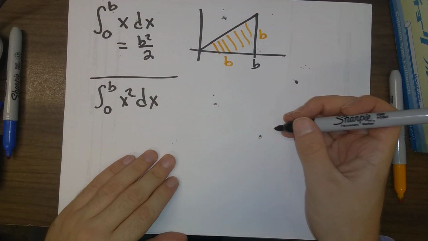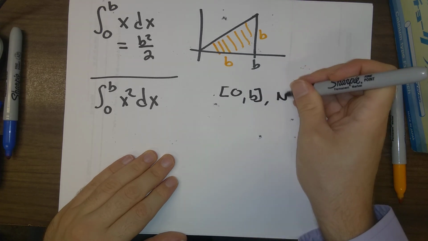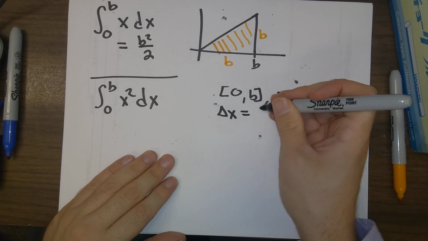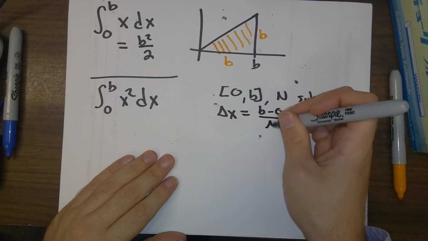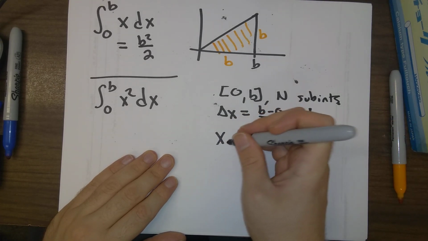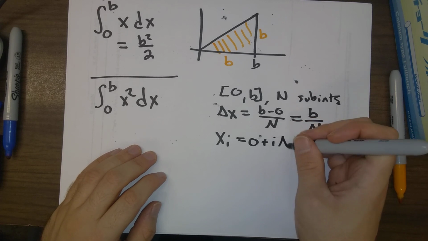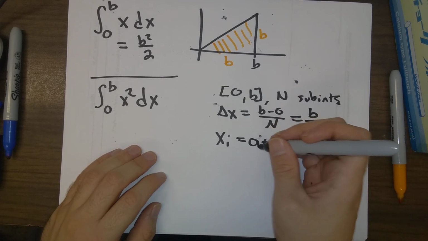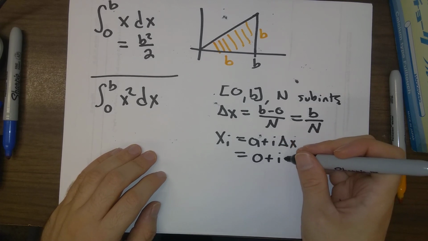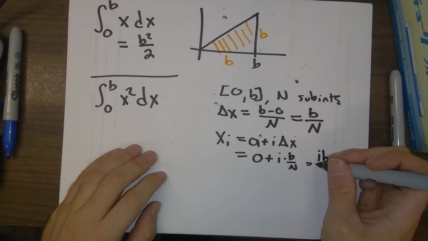So when we choose the right endpoint approximation, our interval is 0 to b, and we want n subintervals. So delta x is going to be b minus 0 divided by n, which is just b divided by n. Our x_i points are going to be 0 plus i delta x. More generally speaking, a plus i delta x is 0 plus i times b over n, which is just i times b over n.